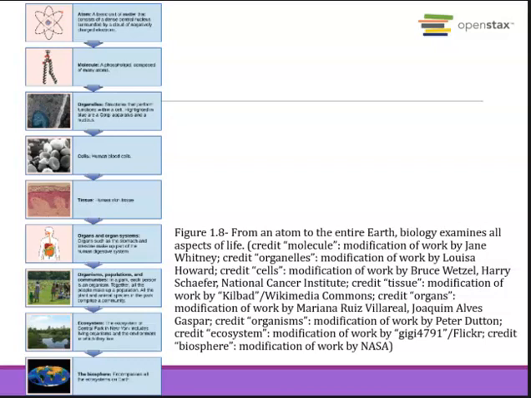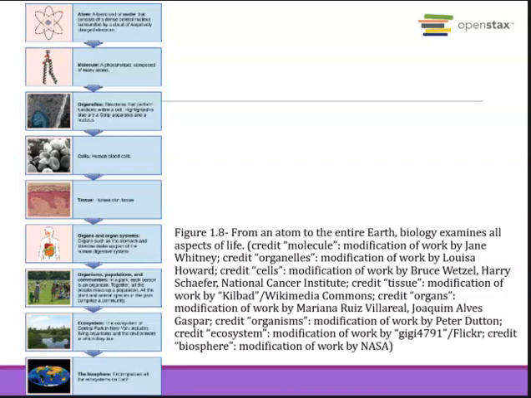Collectively, a large group of organisms make up a population. A population is all individuals of a species living within a specific area. For example, in a park, each person is an organism. Together, all the people make up a population.